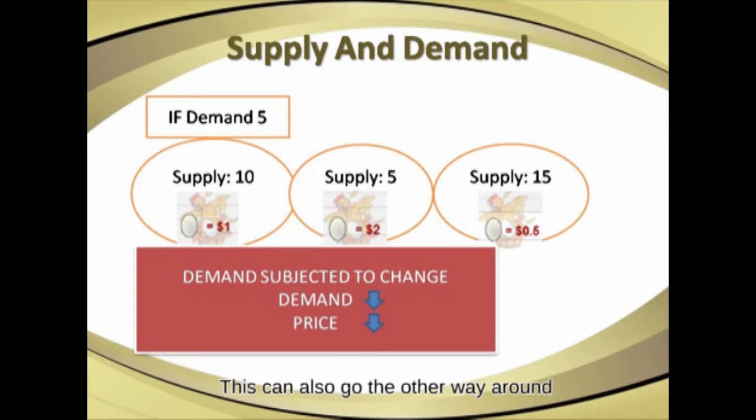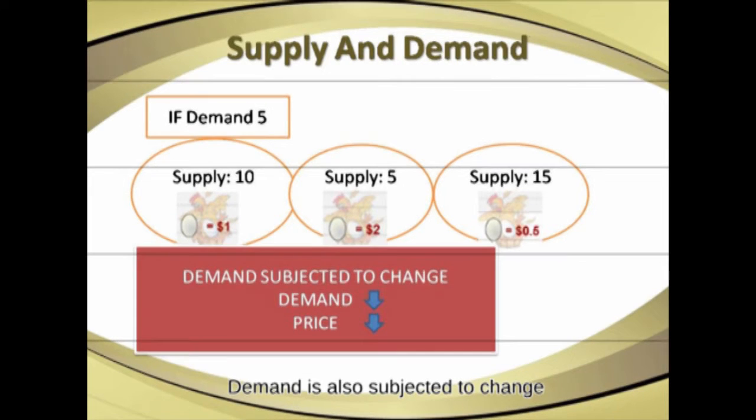This can also go the other way around. Let's say that one day, the chickens decided to lay 15 eggs. So now the supply has increased, but the demand remains the same. In order to be able to sell all the eggs, the farmer must lower the price of the eggs. In other words, the supply has increased, causing a decrease in the value of the eggs.